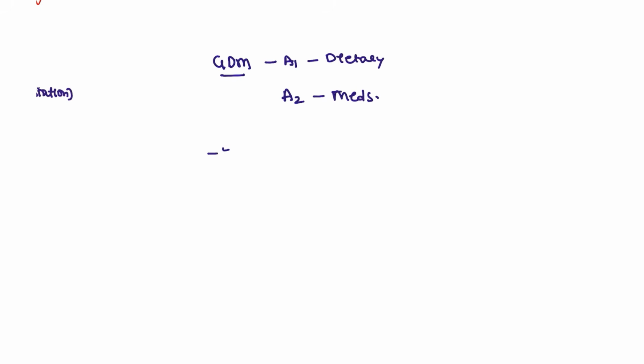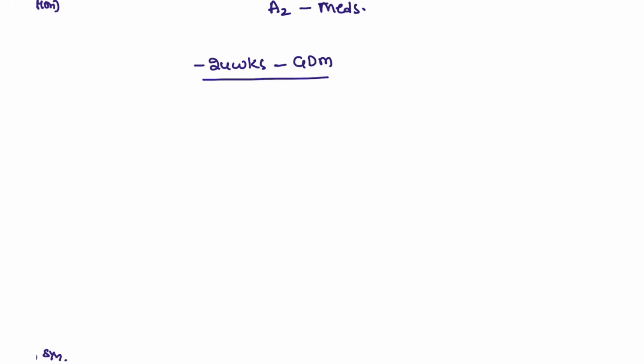So when the mother presents at 24 weeks of gestation with a diagnosis of GDM, how are we going to treat these patients? First and foremost, we are going to tell the mother about dietary management.